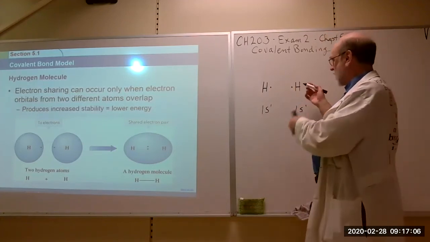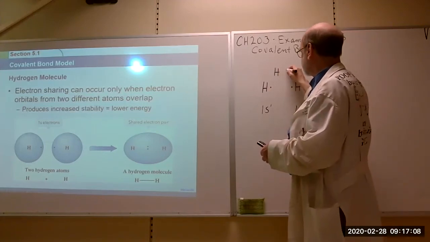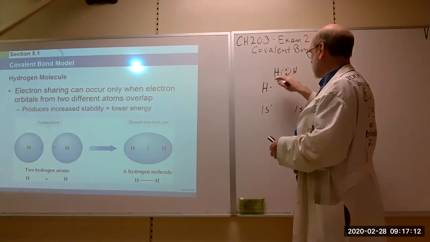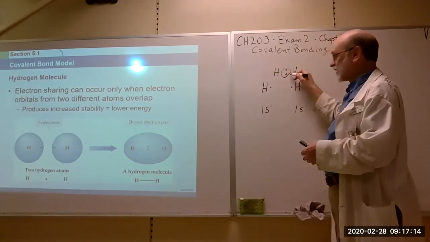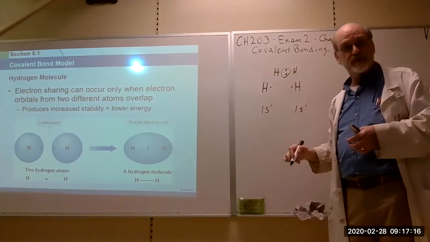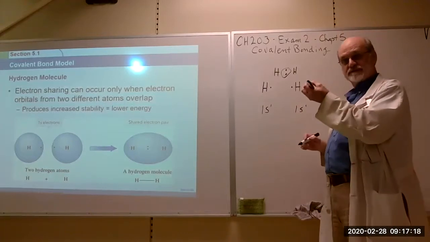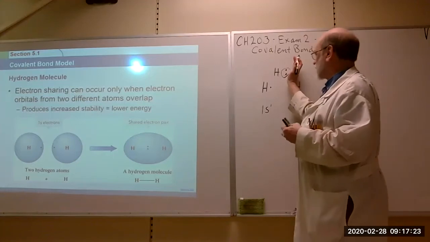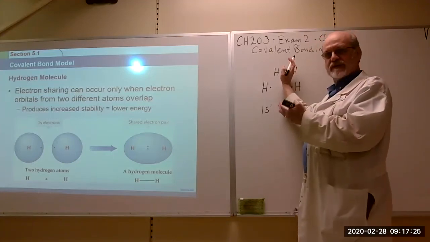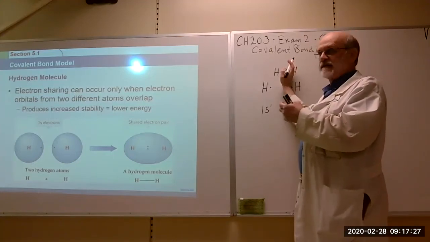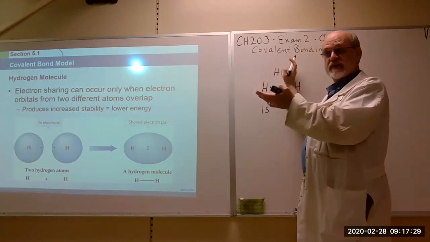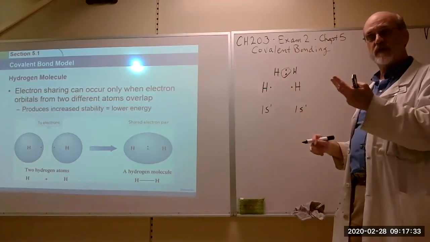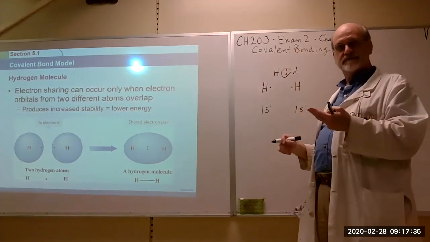So they come close enough. Now they have two between them. This one thinks it has two, and this one thinks it has two. So that shell is full. And in fact, it looks like, to the atom, that it's, electronically speaking, helium. Because helium is a noble gas with two electrons in its first orbital.